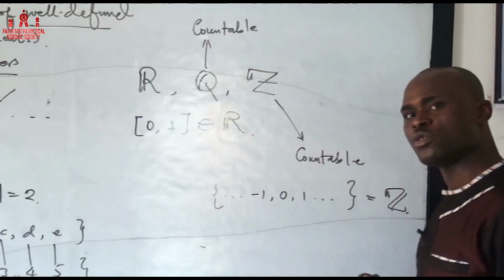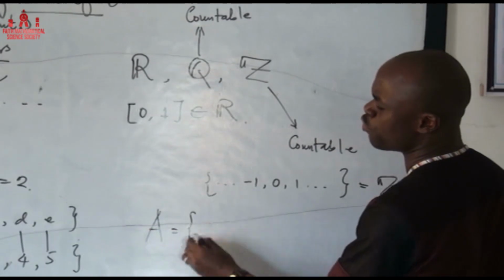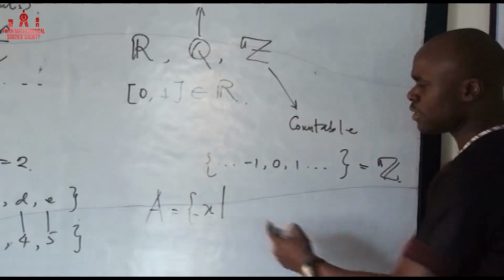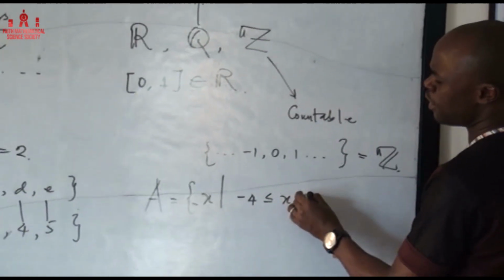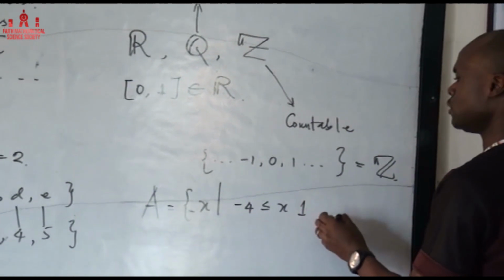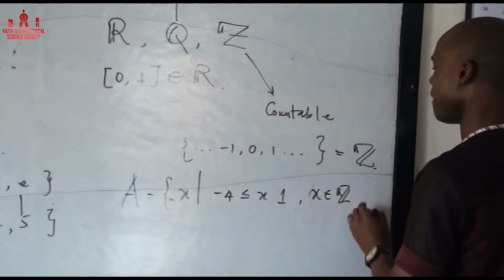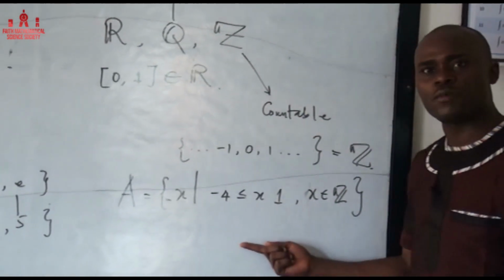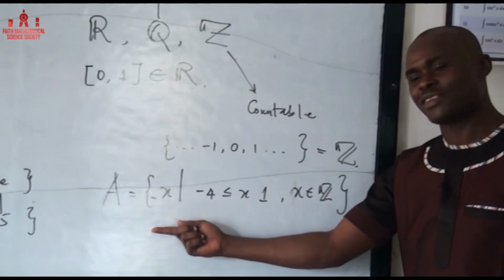Now another thing you should know about sets is the notation. Sometimes you see something written like this: A equals the set of X such that minus 4 is less than or equal to X, less than 1, with X being a member of Z. One of the things you see in set theory are wonderful looking objects like this, very interesting.